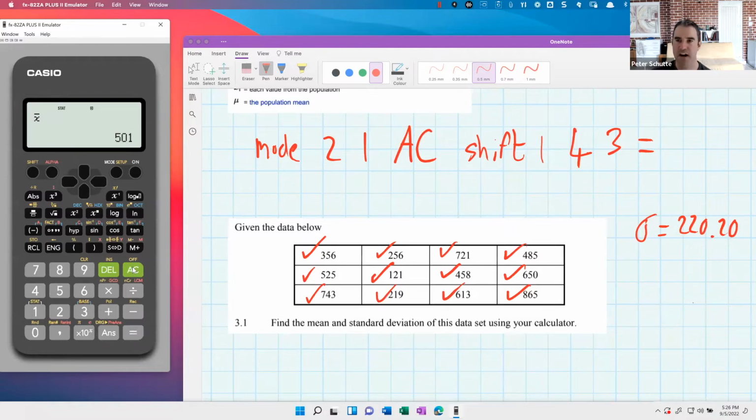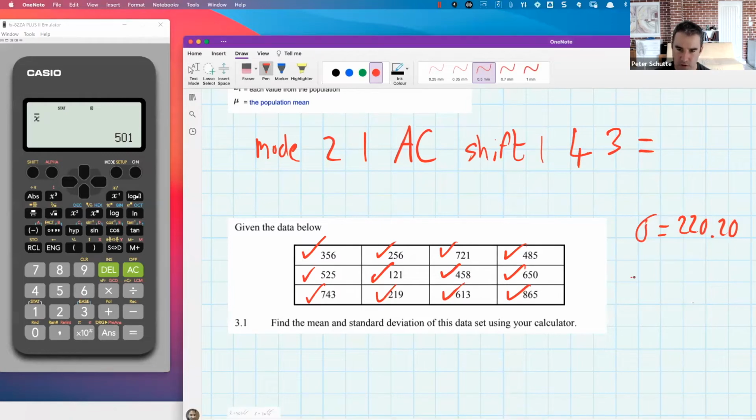And check that you get 501. Okay. So this is quite a technical thing to do, but if you do it a couple of times, I promise it becomes so much easier. So my mean should be 501.